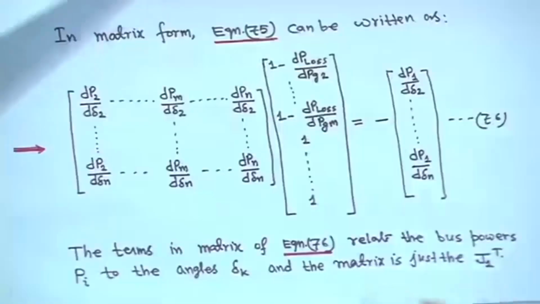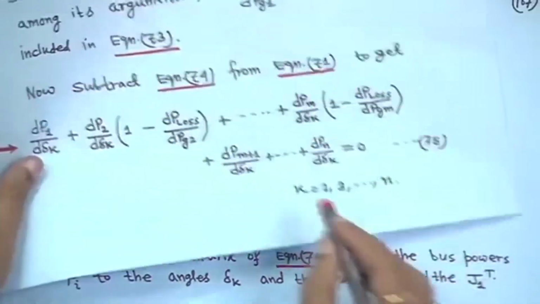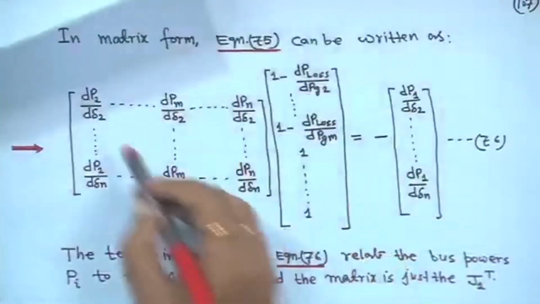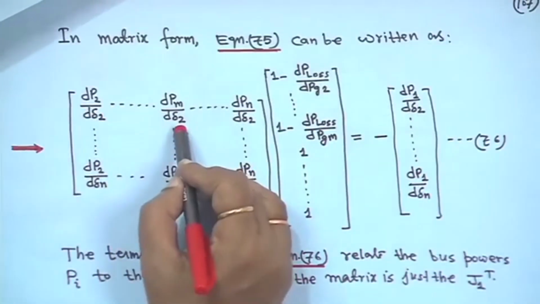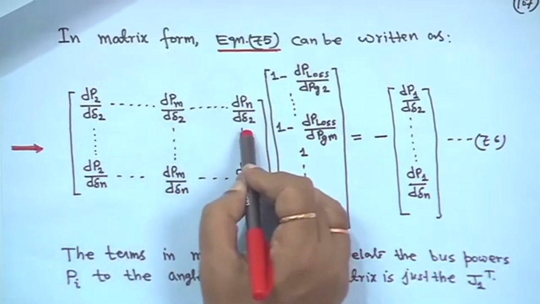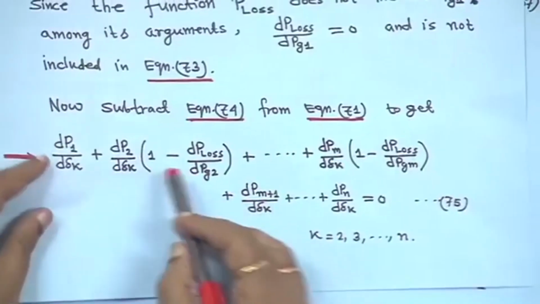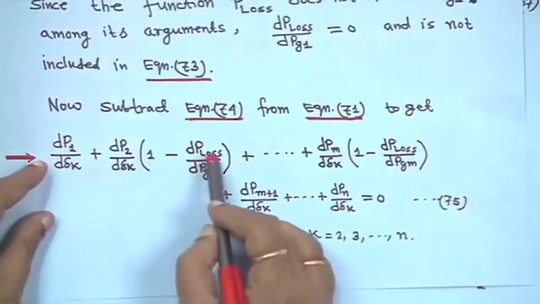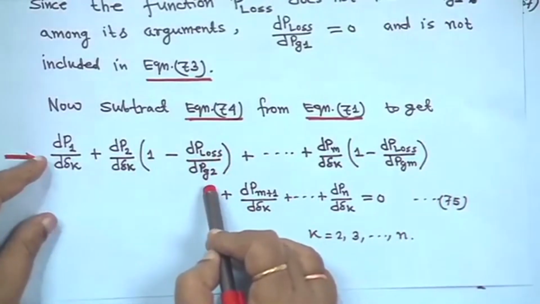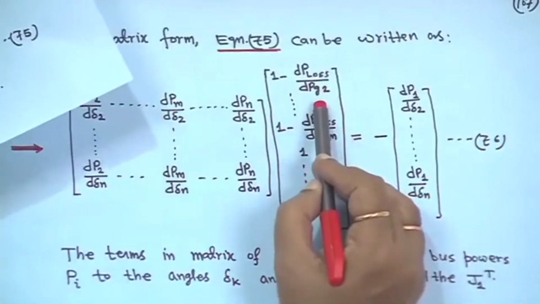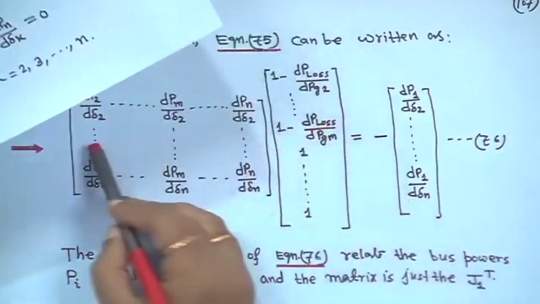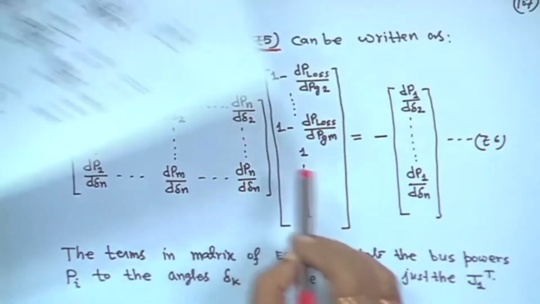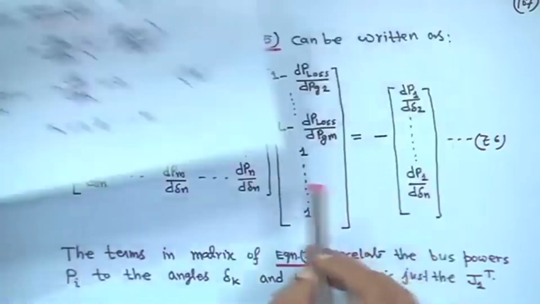This is equation 75, we can write dP2/dδ2 up to dPm/dδ2, then dPn/dδ2. The coefficient of dP2/dδ2 is 1 minus ∂P_loss/∂PG2.